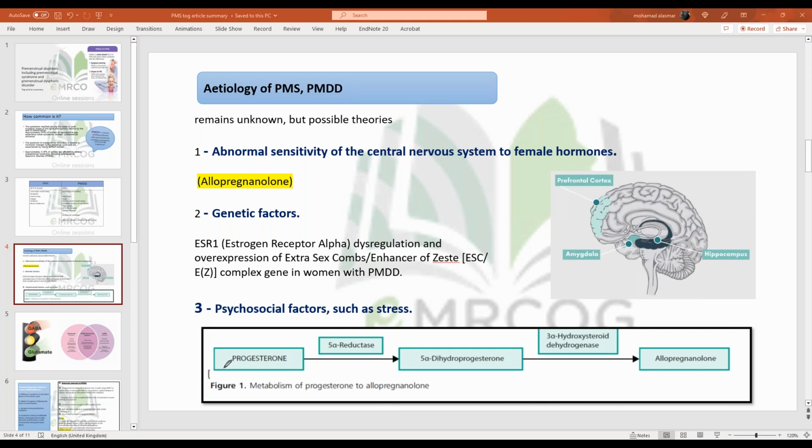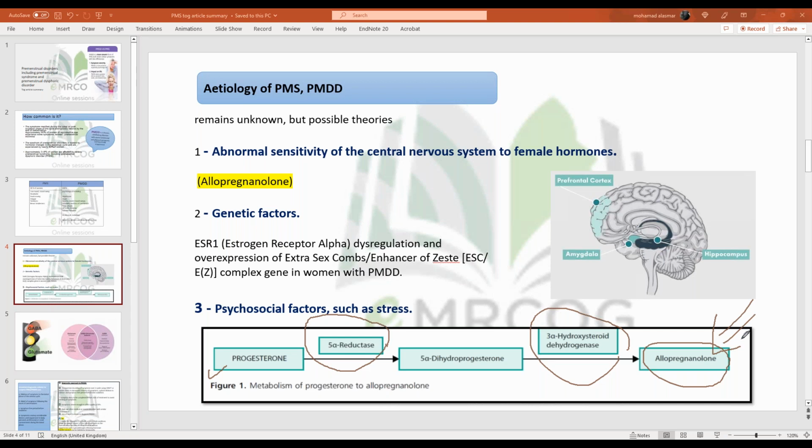Progesterone, with the action of the 5-alpha reductase enzyme, is turned into another metabolite, the 5-alpha dihydroprogesterone. Then, under another enzyme, it is turned into allopregnanolone. Okay, so allopregnanolone is the one that seems guilty in the pathogenesis of PMS.